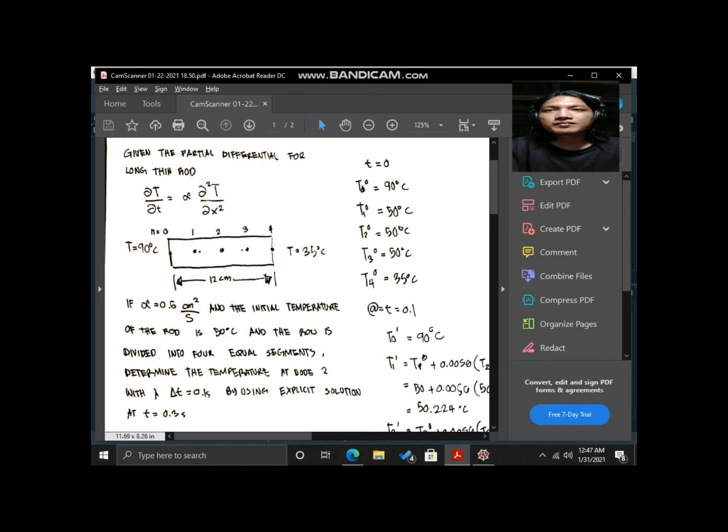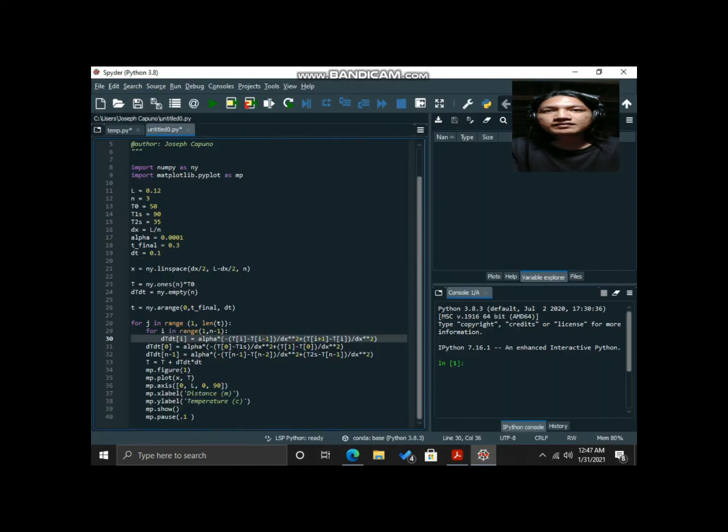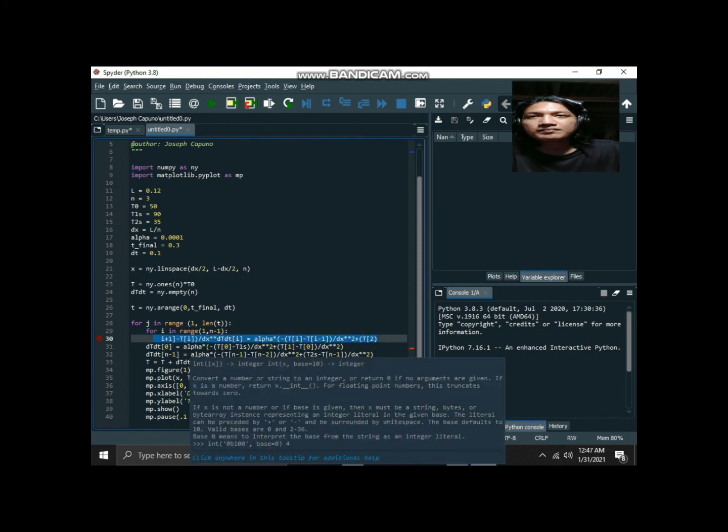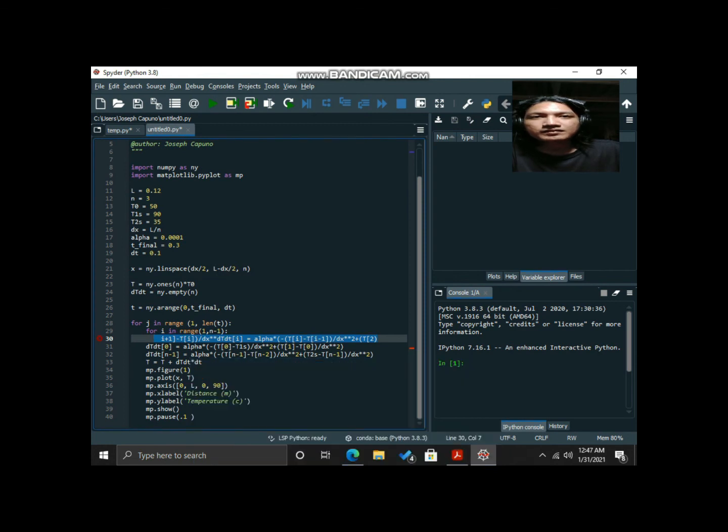So ang kukunin mong boundary is yung T1s. So ganun din dito sa susunod is dT times n minus 1 is equals to alpha T n minus 1. Bali lahat ulit ng i dito is papalitan mo ng n minus 1.